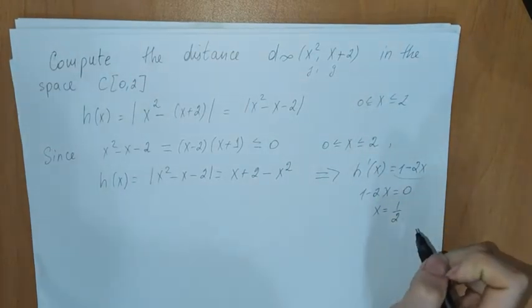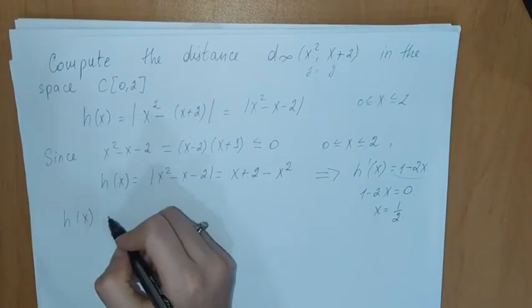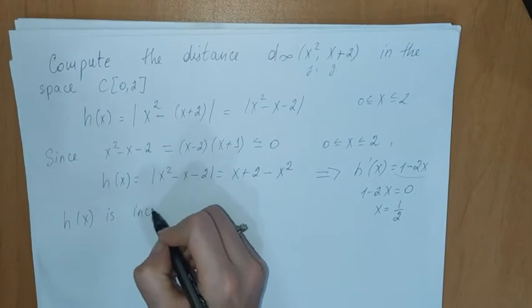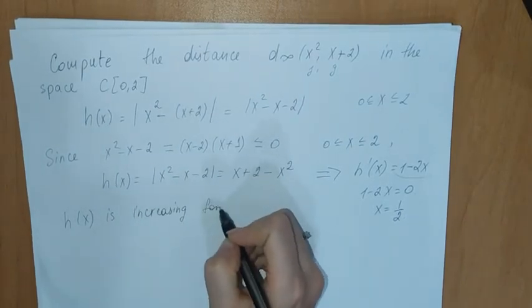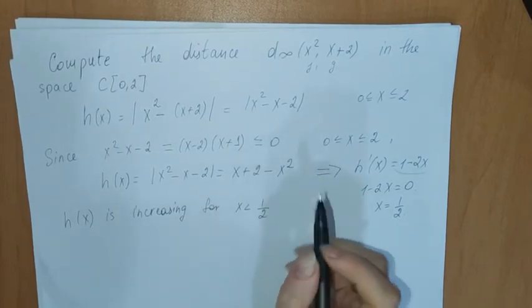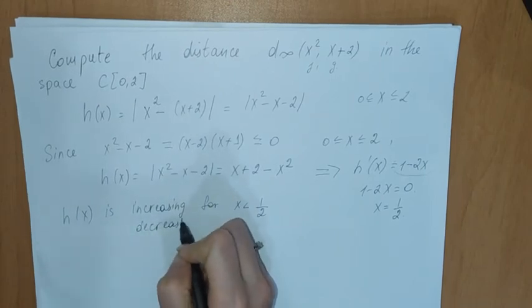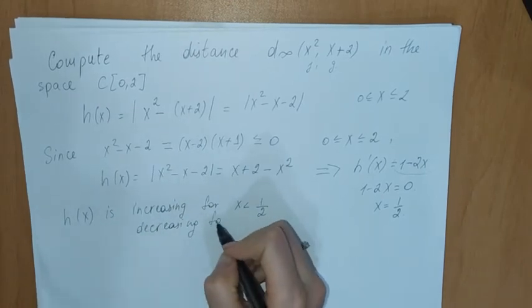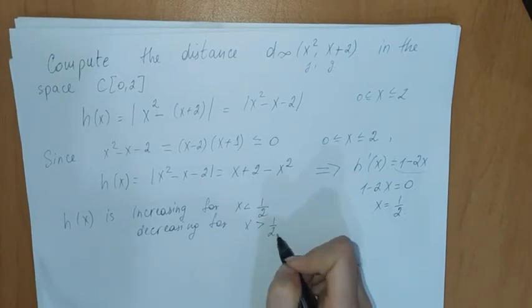This means that h(x) is increasing for x less than 1 over 2 and decreasing for x greater than 1 over 2.